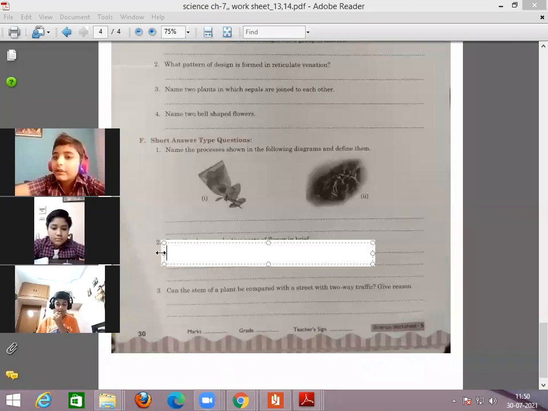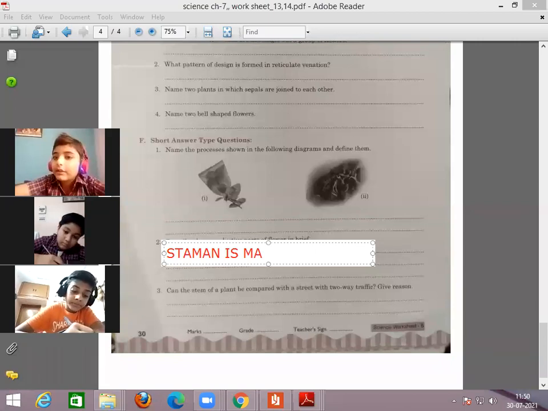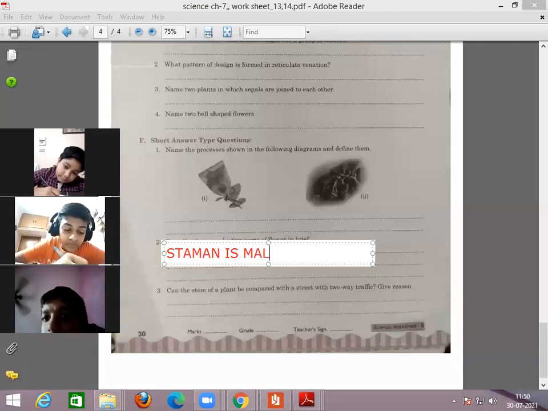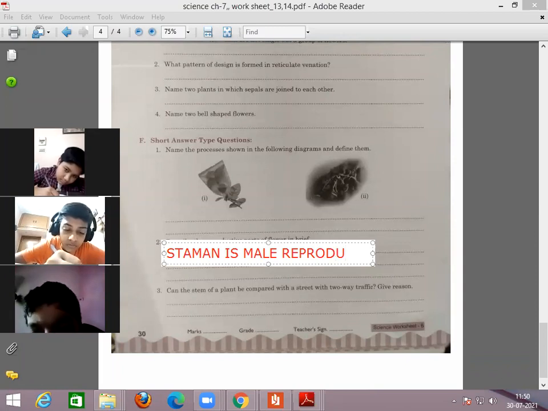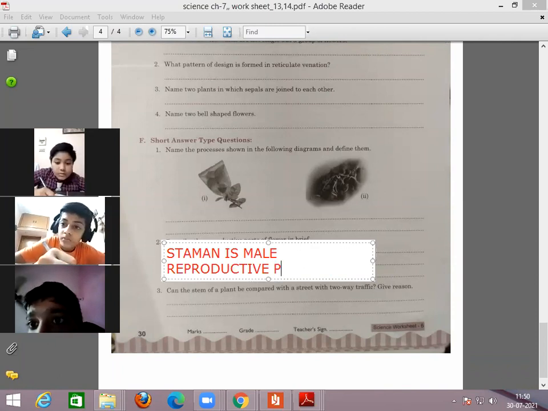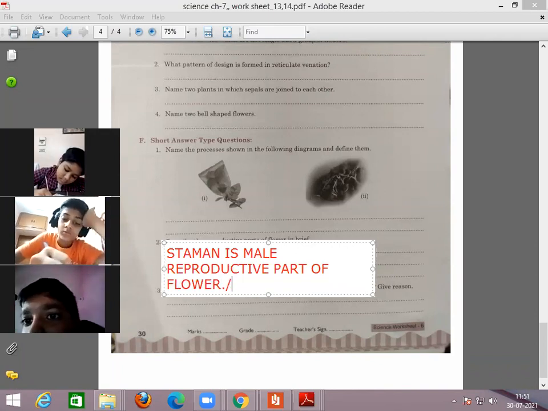Write down the male reproductive part of flower. Stamen is the male reproductive part of flower.